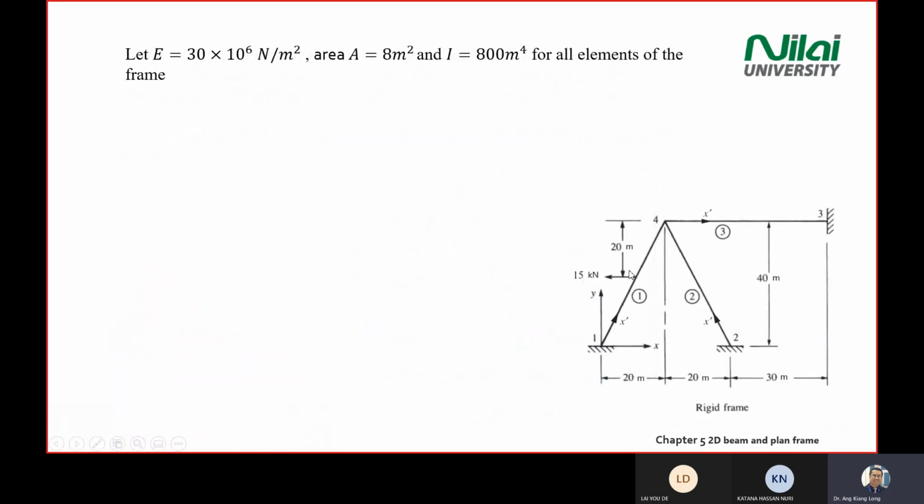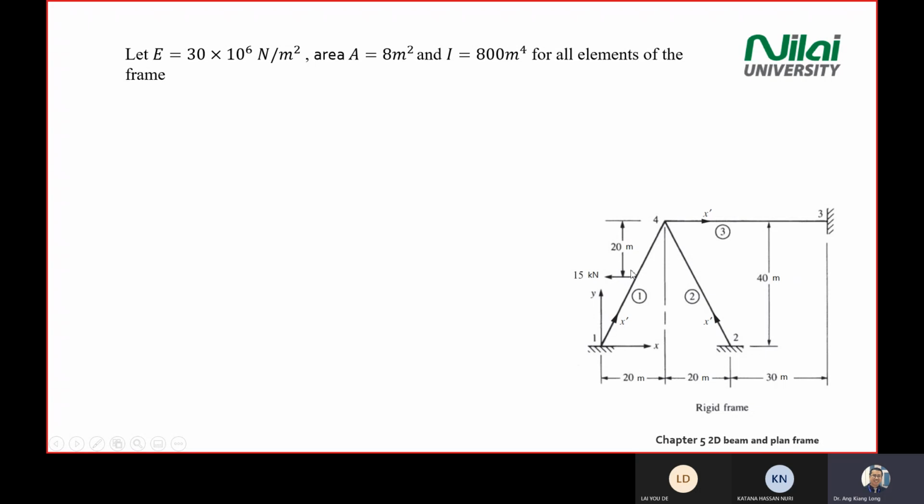Because we have a force going in the x direction, the first step is that we need to transform the forces on the element here. We need to transform this 15K so that it follows the element axis.